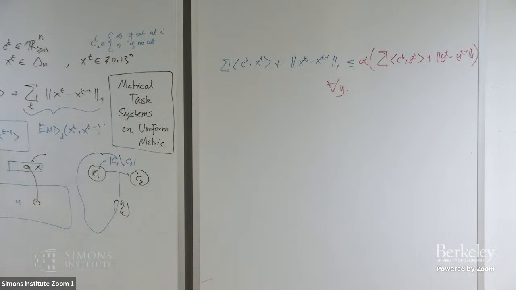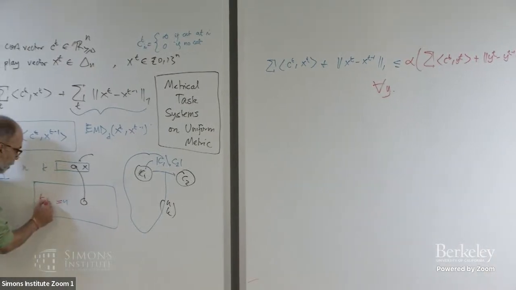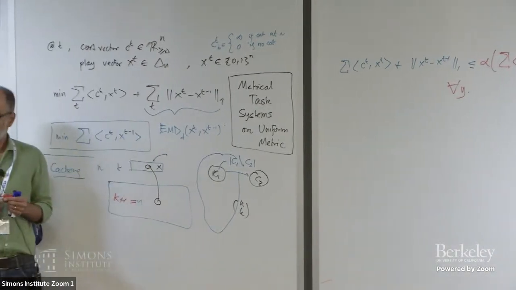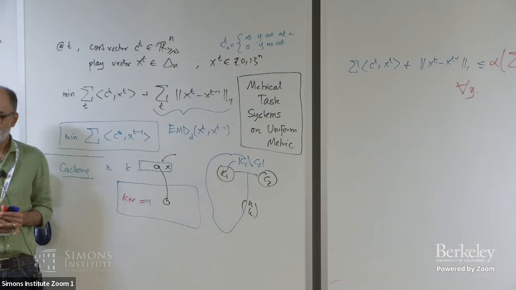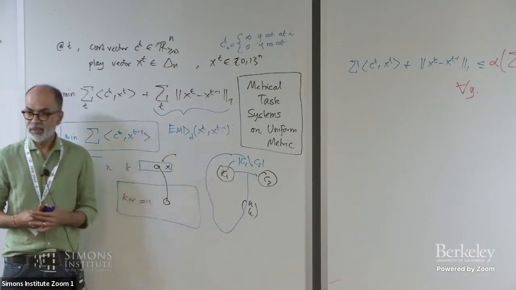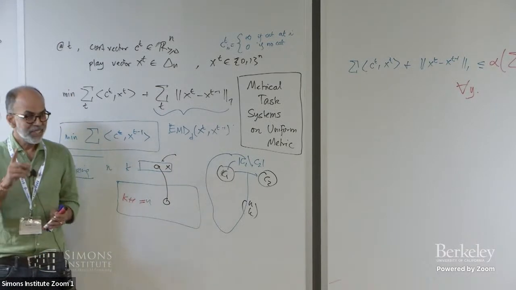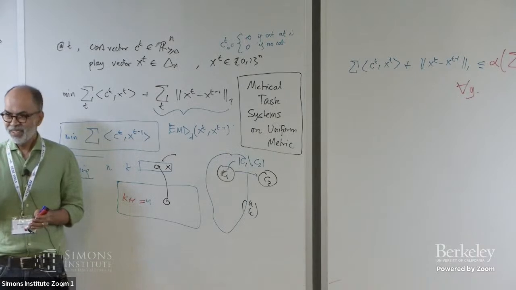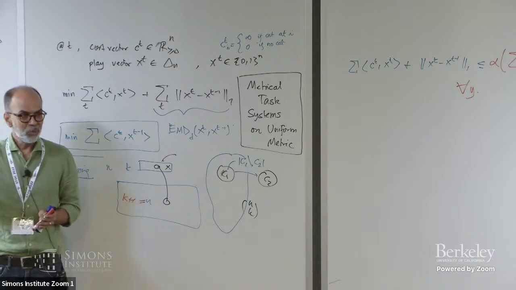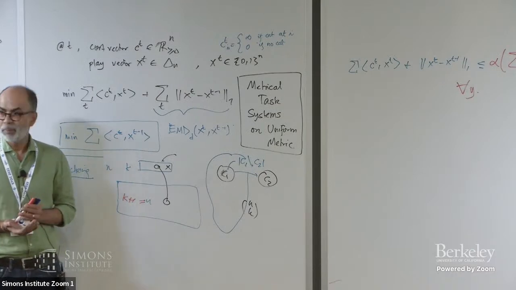Oh, by the way, suppose caching, let's just look at this special case, n equals k plus 1. So how many states are there? There are n states. Each contains n minus 1 of the pages.